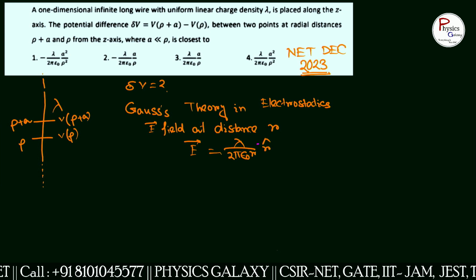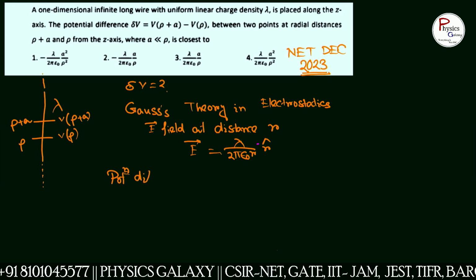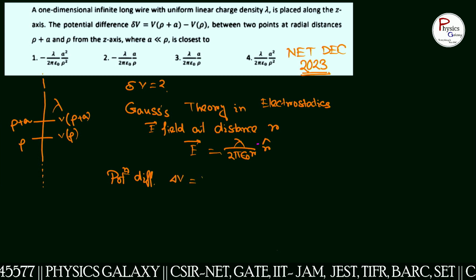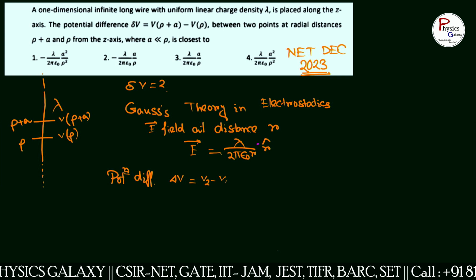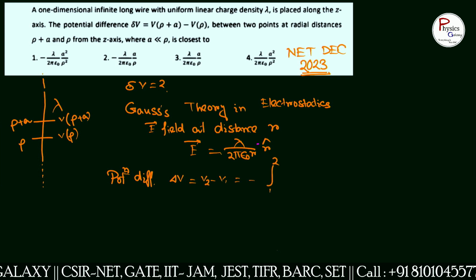Now potential difference delta V equals to V2 minus V1 equals to minus integral from 1 to 2 of E dot dr.